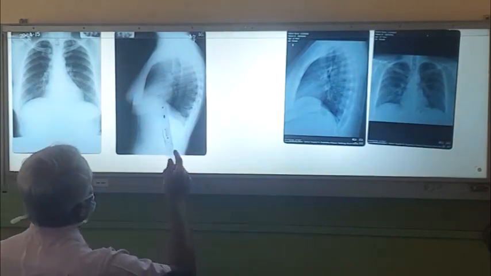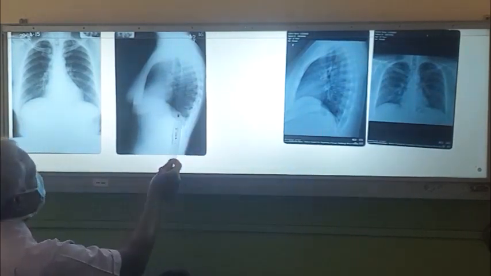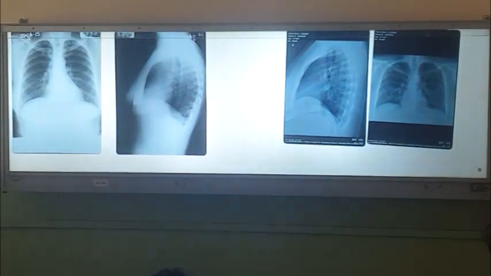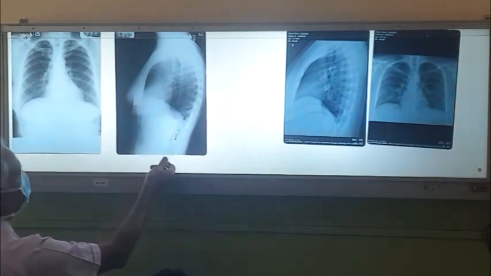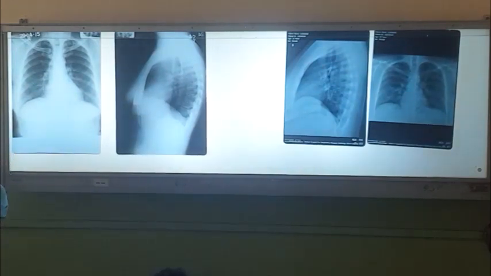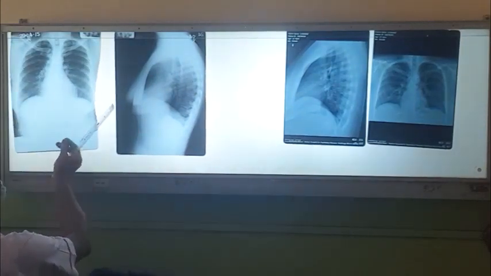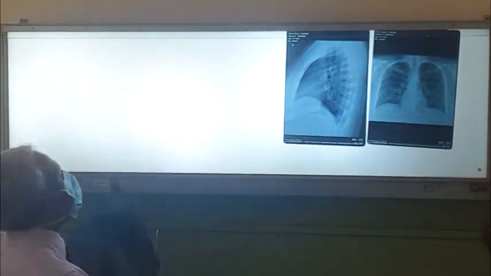If this has disappeared and this darkness is there, you will see something in the anterior segments of the upper lobe or mediastinum, right? If this darkness is there and everything is whitish here, something is wrong in the basal segments, left or right. So these are the normal appearances of a chest X-ray. Then I will go through various abnormalities. So just remember the normal appearance.